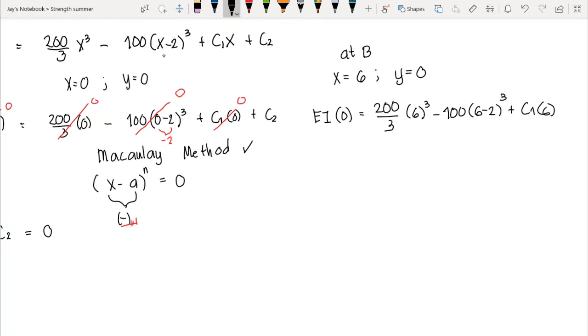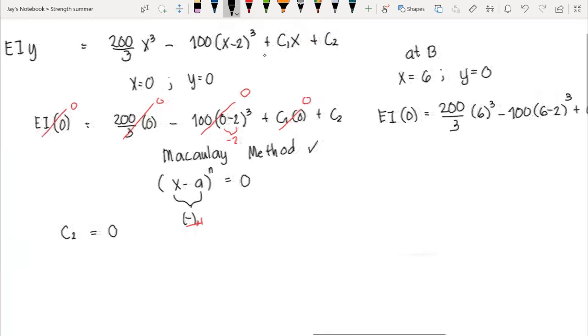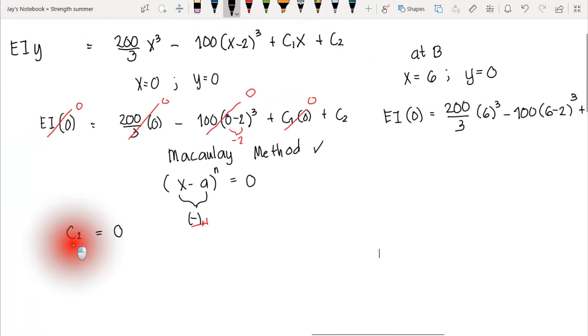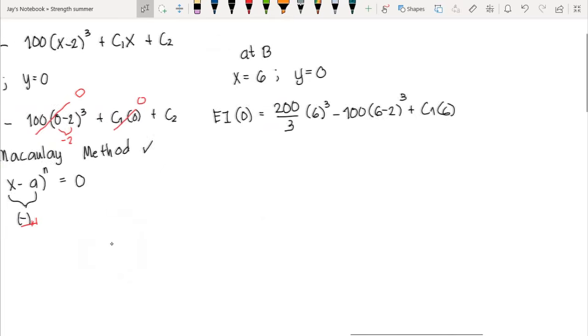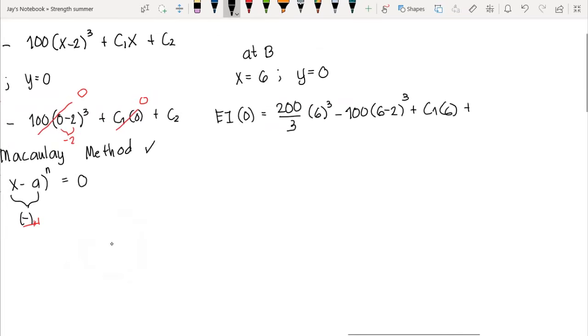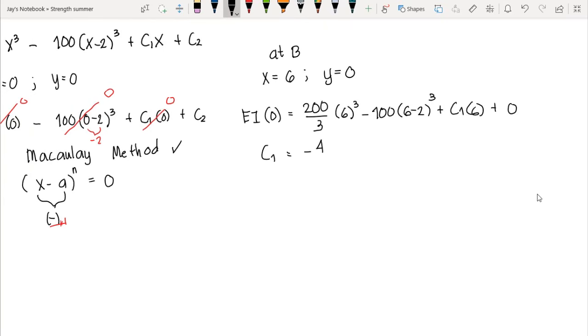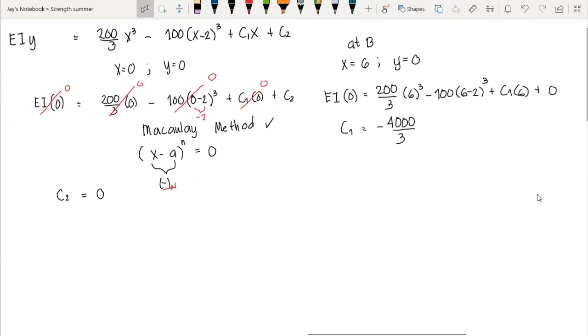Now, our value of C2 from our previous answer is equal to 0, so we can go directly here with C2 as 0. So we have our value of C1 here. By further evaluating the equation, we have negative 4,000 over 3. So we have now the values of our arbitrary constants C1 and C2.